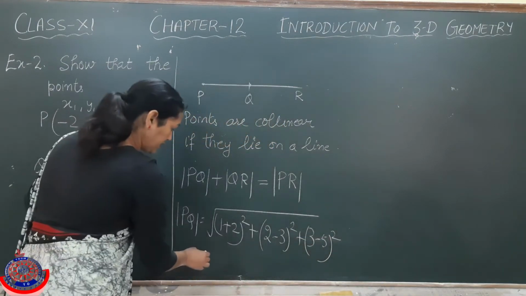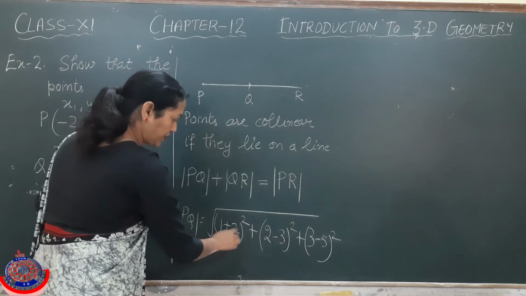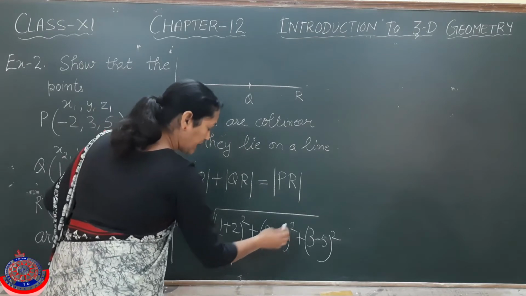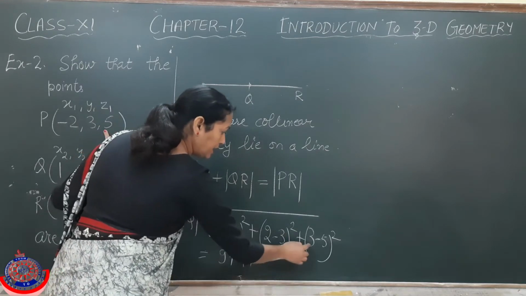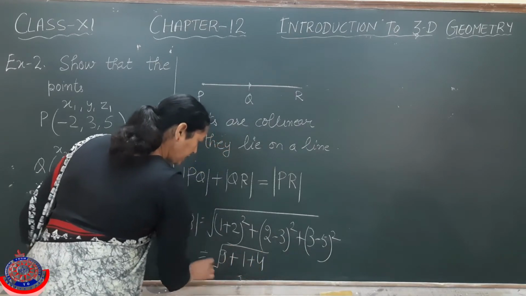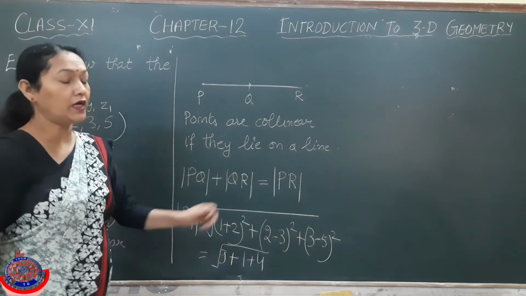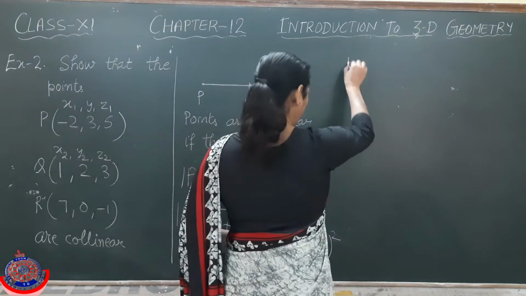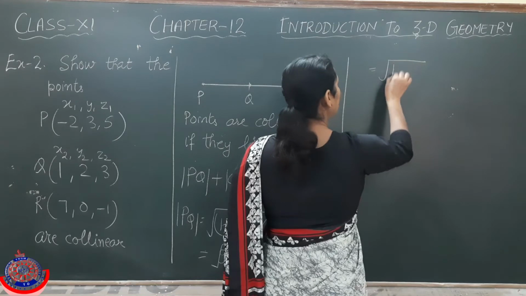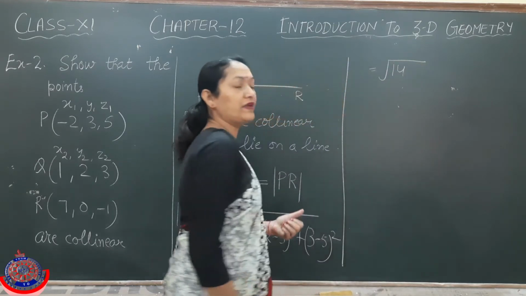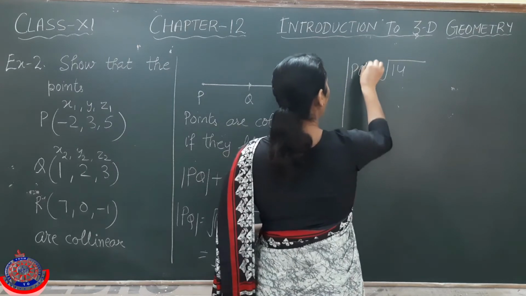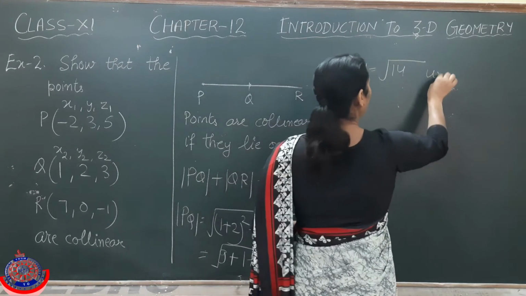So what we have got is 1 plus 2, 3, 3 square 9 plus minus 1 square is 1, 3 minus 5 is minus 2, square is 4. So got 14 under root 14. And even if we write the prime factors of 14, no factor will come out. So we'll have to keep it like this only. So value of PQ we have got root 14 unit.